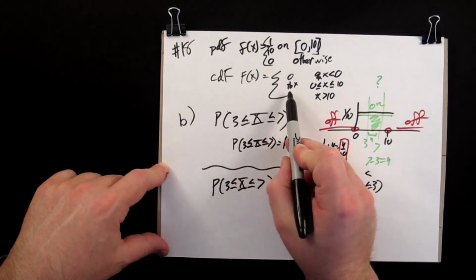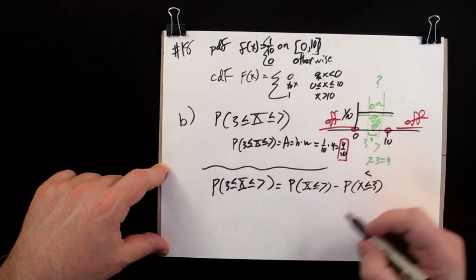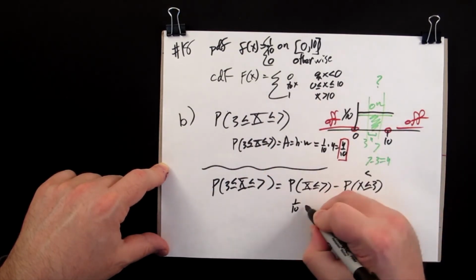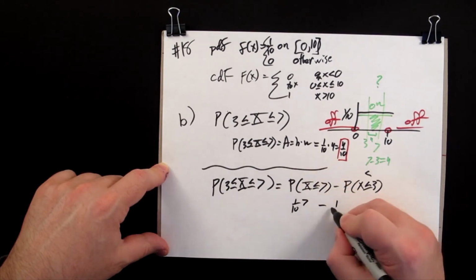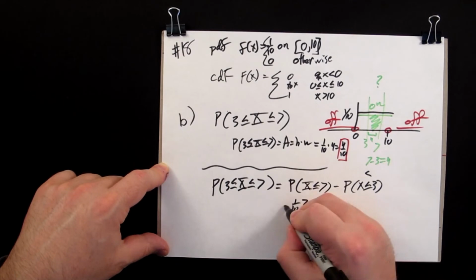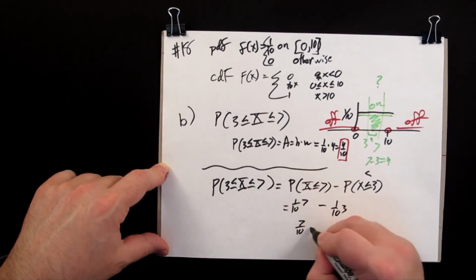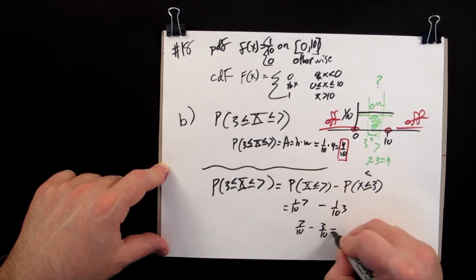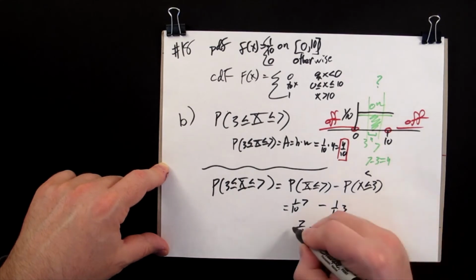Okay, so we use our CDF formula. It's this one. So this is 1/10 times 7 minus 1/10 times 3. So 7/10 minus 3/10 gives us 4/10.